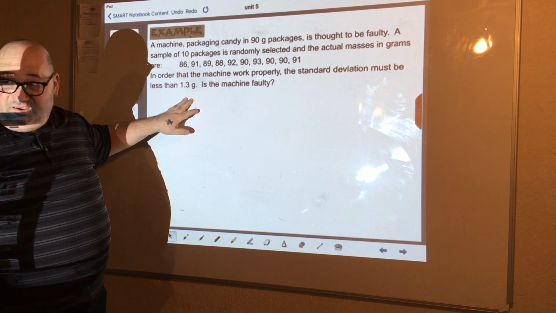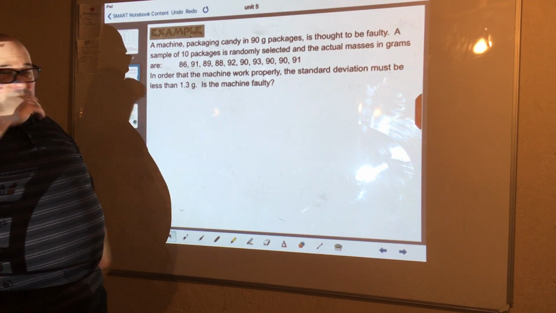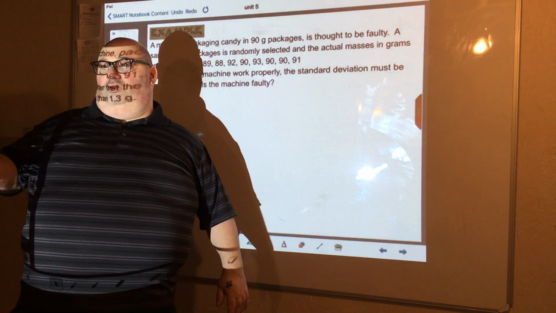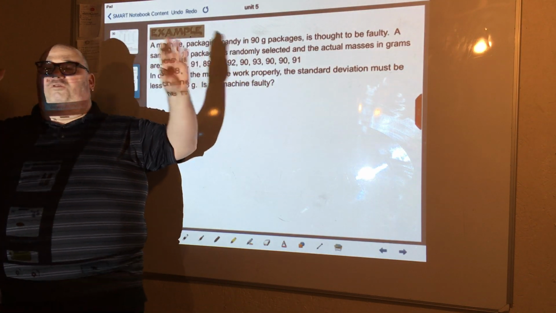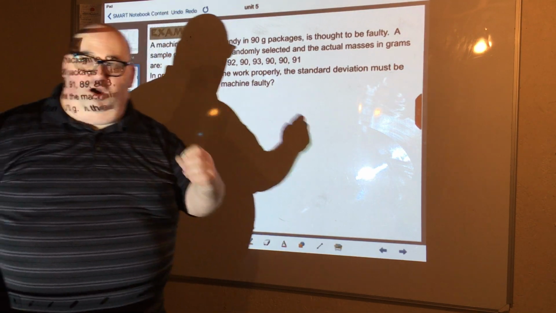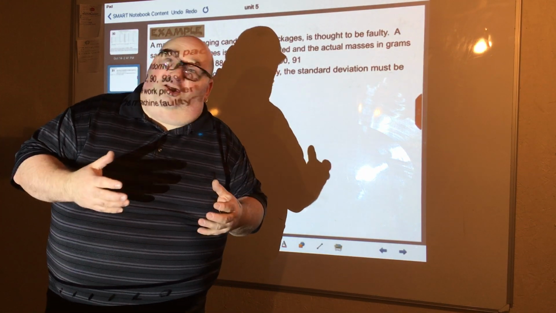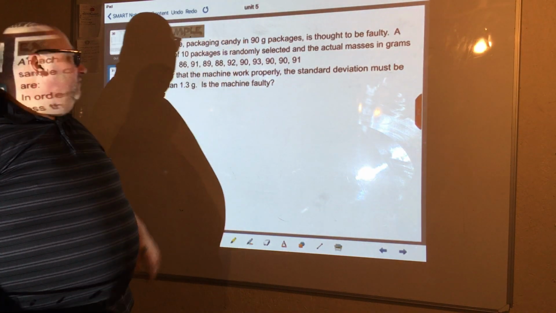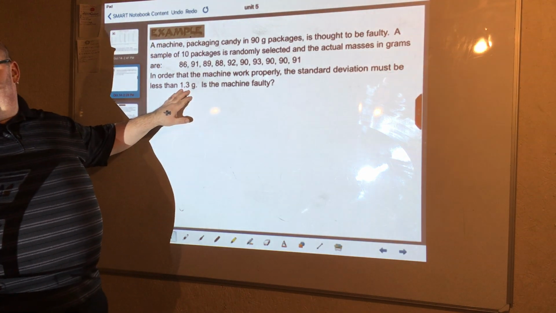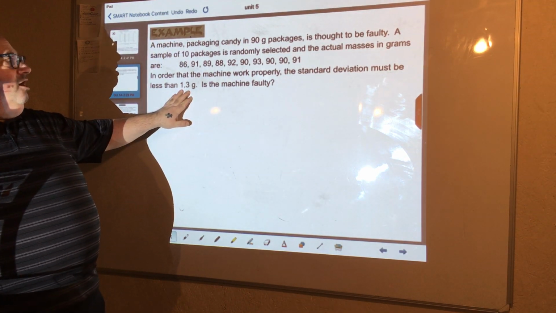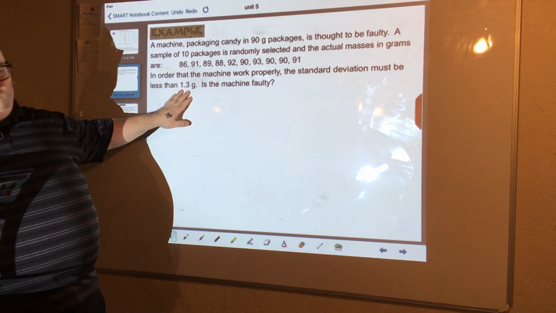They don't really care because they're going to take your money regardless, right? But if it's more than 1.3, they go, oh, wait a minute, nobody's going to pay $3 for one M&M in a bag, right? We've got to make it look like there's something in there, right? So long as it's less than 1.3 grams away from that mean, right?